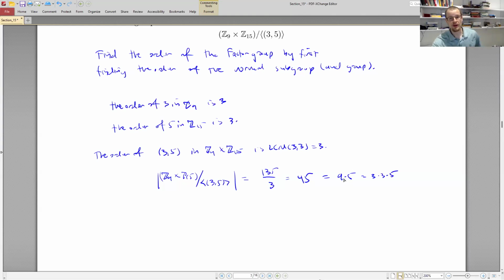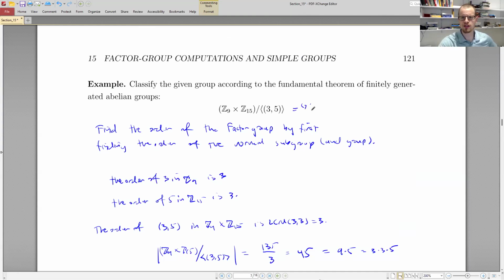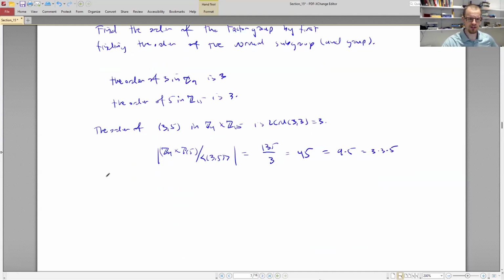By writing it this way, we recognize that our possibilities are, if I call this thing G mod N for simplistic notation here, G mod N is isomorphic to Z9 direct product with Z5, or it's isomorphic to Z3 direct product with Z3 direct product with Z5. So these are our options.